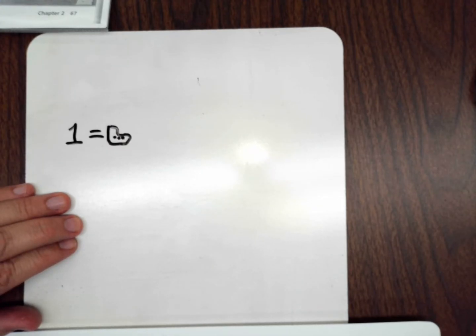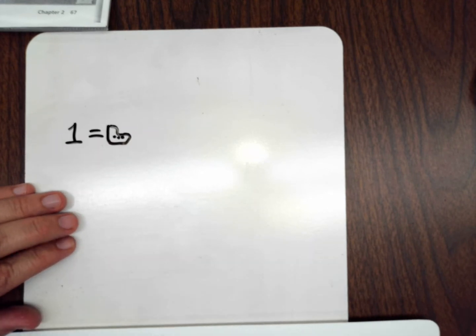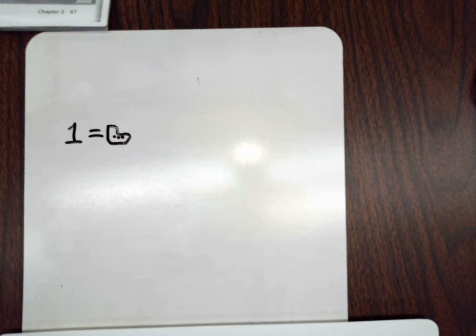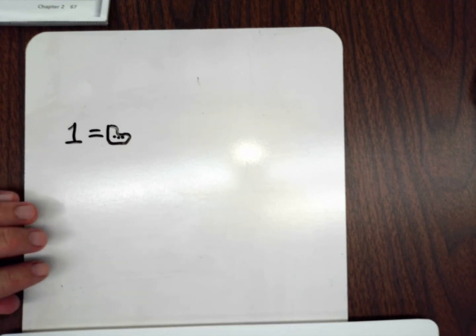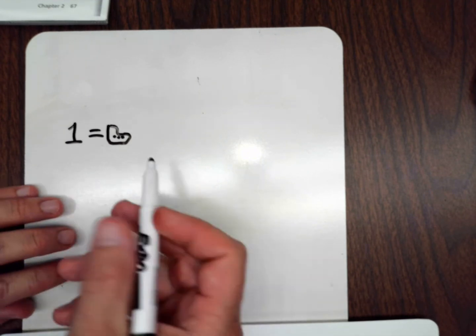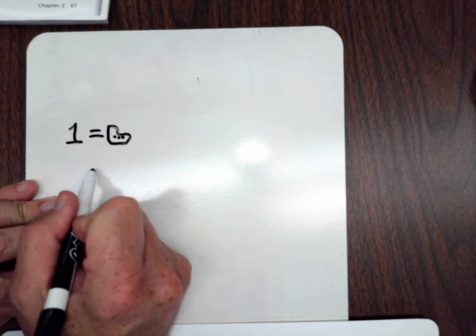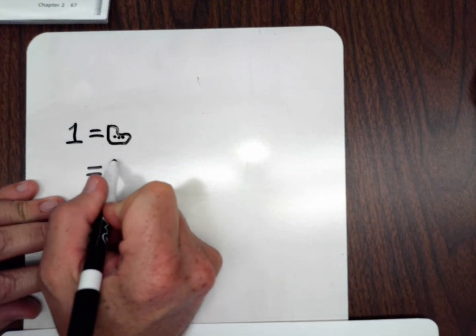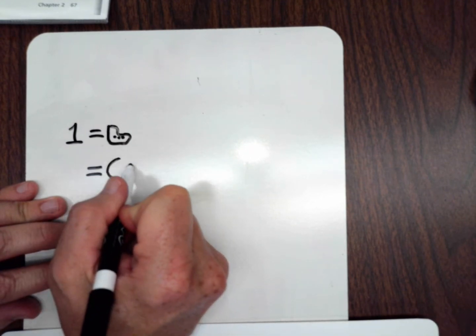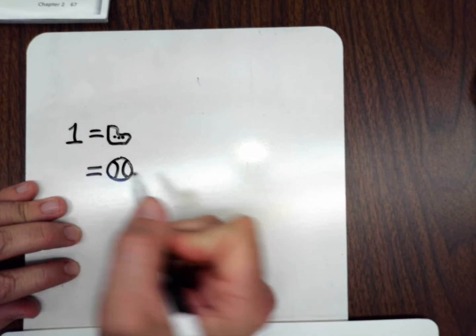One of the next things is that sometimes our pictures can mean different things, because we can have this one shoe here representing just one pair of shoes. However, if you are working with a lot greater numbers, you could have one symbol like a baseball.